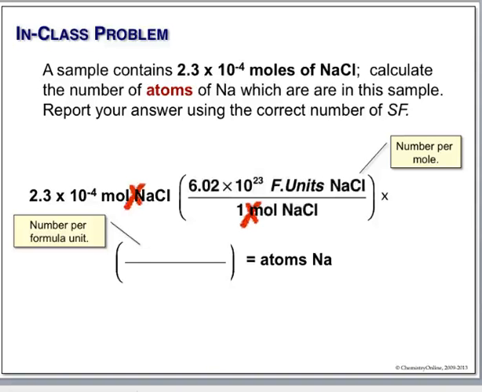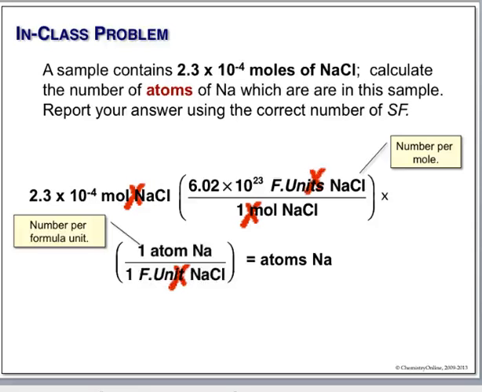Now, number per unit. This simply says how many sodiums per sodium chloride. Well, that's so simple I can do it. 1 sodium for every sodium chloride. Sodium chlorides will cancel, and we're left with atoms of sodium.